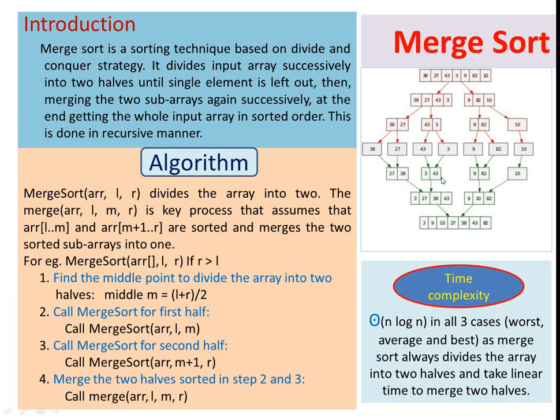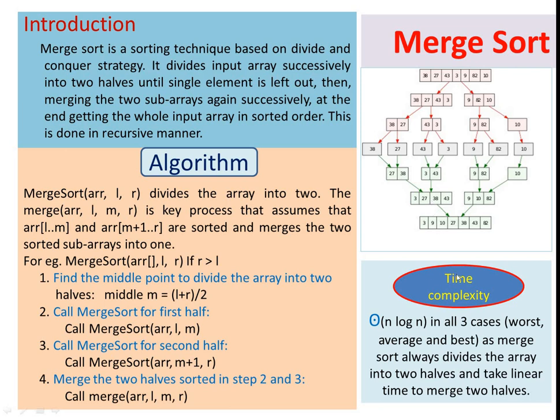Now 38 and 43 are compared and 38, which is lesser, is assigned to the output array, and at last 43 is assigned to the output array. That's how the merging of two subarrays is carried out.